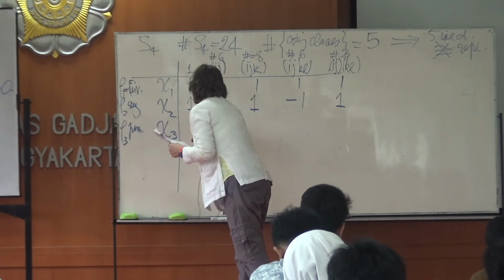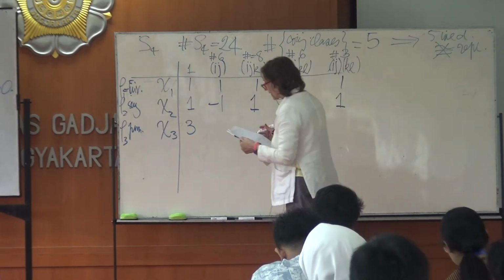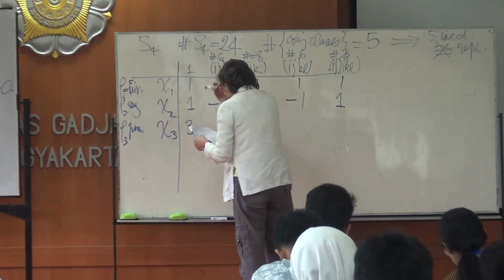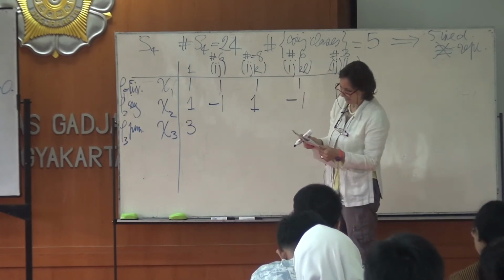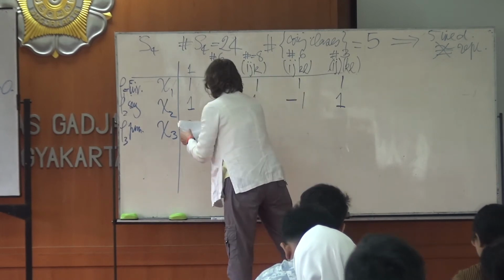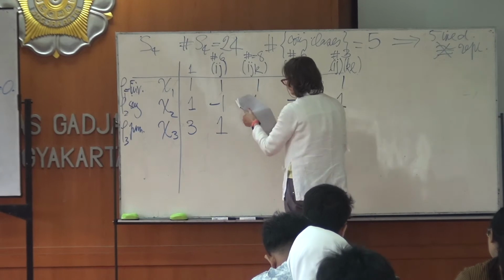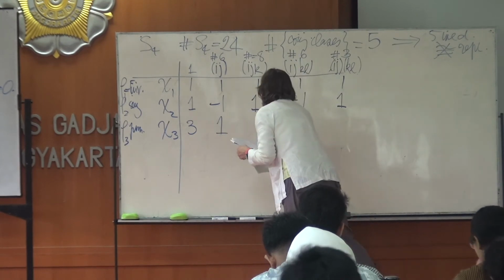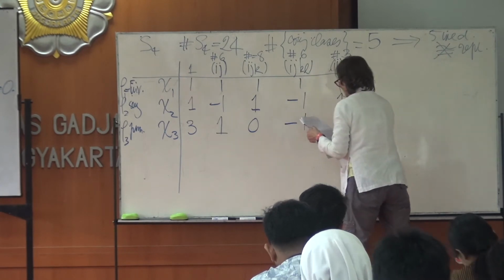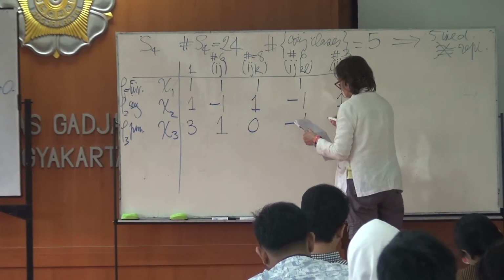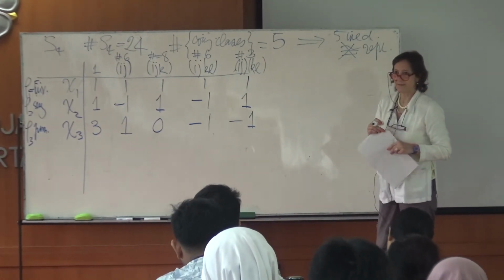It's 3-dimensional, and we already checked its values. The character is 1 on the 2 cycles, 0 on the 3 cycles, minus 1 on the 4 cycles, and minus 1 on the double transpositions.